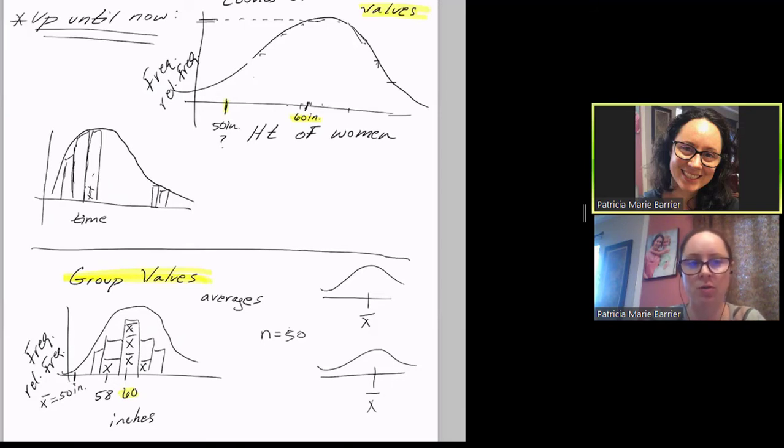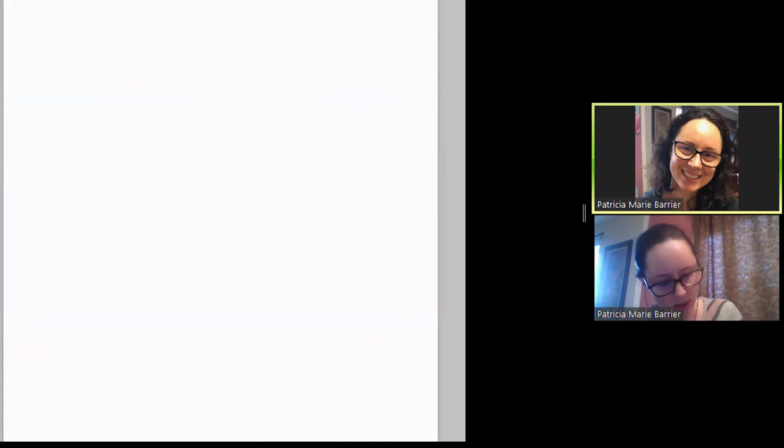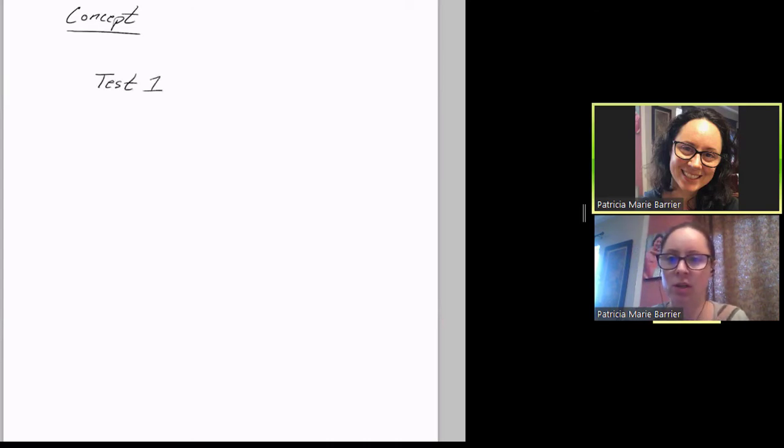Here's another thing I want you to think about. Let's think about test scores. If I told you all, hey, on test 1, let me get another sheet. This is the concept here. On test 1, I took averages from different classes. I'm going to use my classes as different samples, okay?